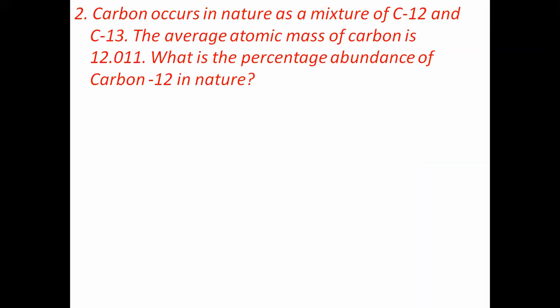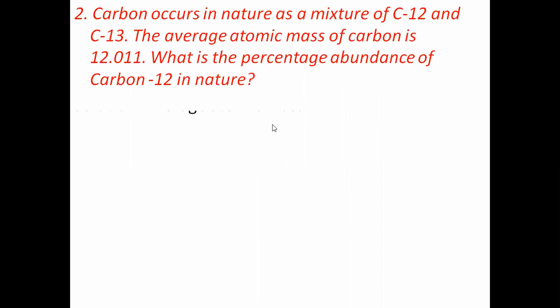So what they have given us is the average atomic mass of carbon, and what they want us to calculate is the percentage abundance. It's just the opposite of the question they asked just now. In the first question they gave us the percentage abundance and told us to calculate the average atomic mass. Over here the average atomic mass is given and we have to calculate the percentage abundance.